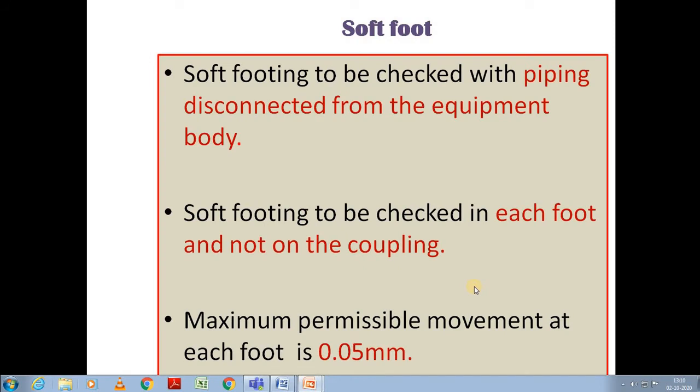After completing the level check, the next step is to check the soft footing. Soft footing is to be checked with piping disconnected from the equipment body. It is to be checked at each foot and not on the coupling. Maximum permissible movement at each foot is 0.05.